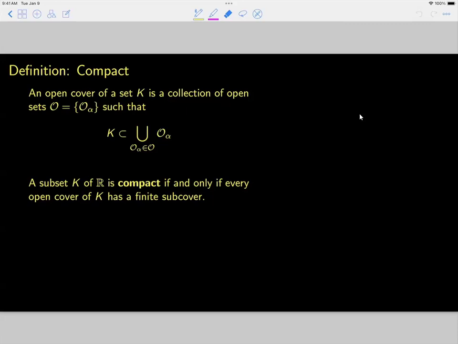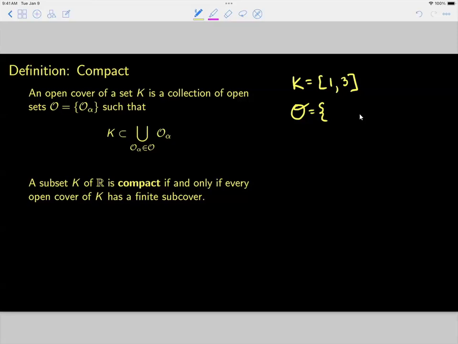So let's look at an example real quick. Just imagine K being the interval, say, [1, 3]. And imagine I have an open cover. I'm going to take the collection of sets, capital O, which is going to be, now remember, capital O is a set of sets.